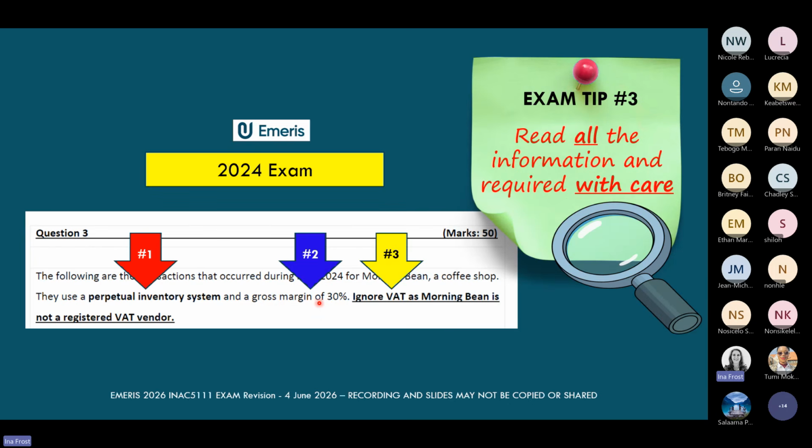Then the next bit of information they tell us is we can actually ignore VAT in this question, because the business is not a registered VAT vendor. So just in those two short sentences, there are three very important bits of information that will impact how you proceed with answering the question. So please don't be in such a rush that you don't take enough time to read all the information, and what is actually being required of you in this question.